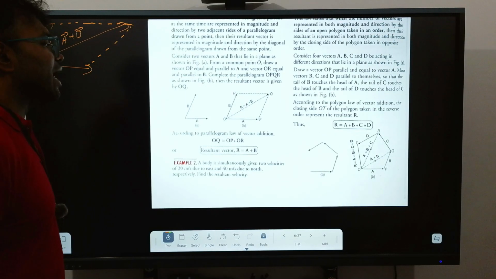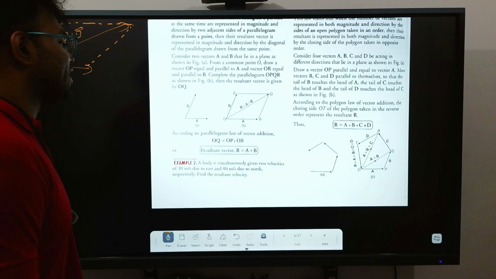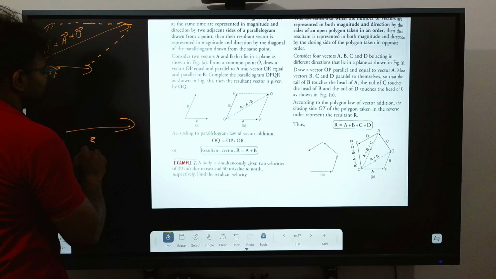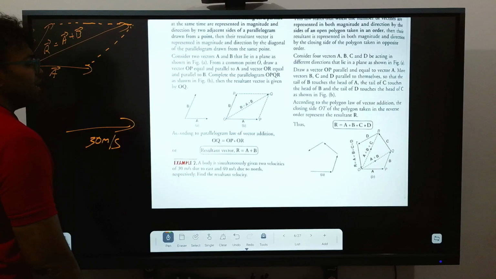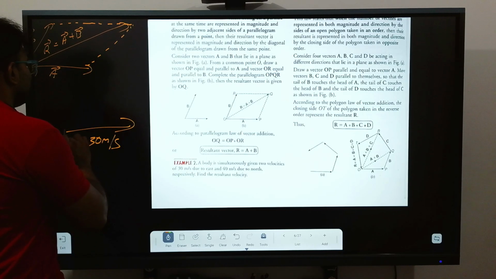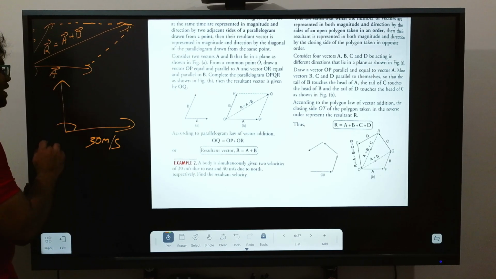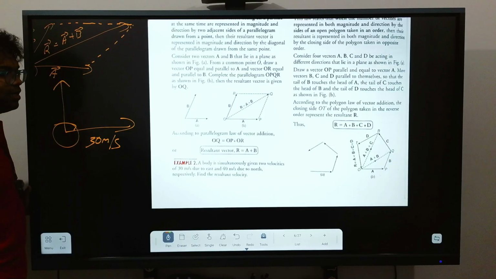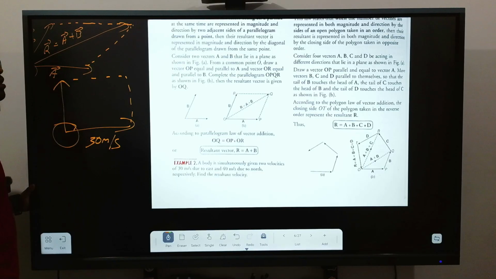A boy is simultaneously giving two velocities of 30 meters per second due east and 40 meters per second due north. Simultaneously means what? It has an initial point, right? They are co-initial vectors. Then you just have to complete this. When you complete this, what do you get?